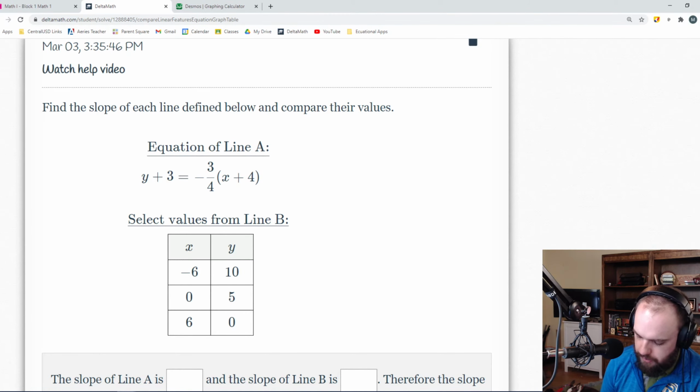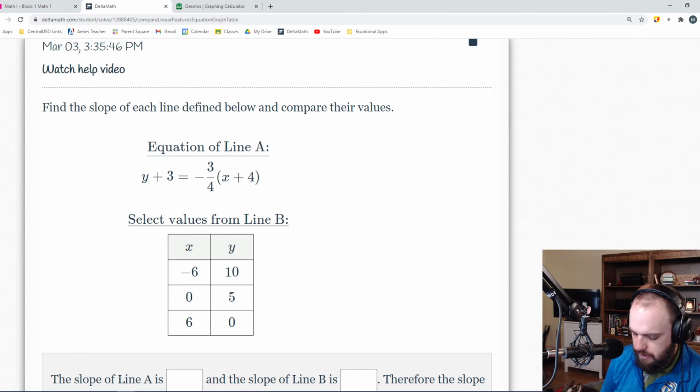All right, so if we want to distribute this 3/4 in, let's start with that. So we got negative 3/4 x. Then when we multiply negative 3/4 by 4, my 4 is reduced to 1, and we're left with just negative 3. We have y plus 3 equals negative 3/4 x minus 3.